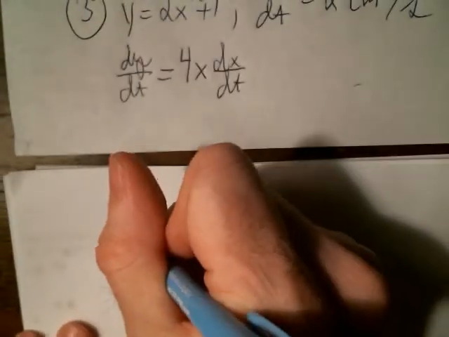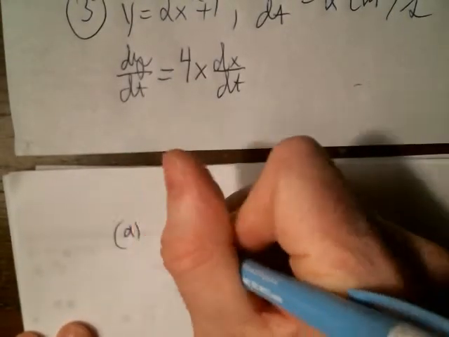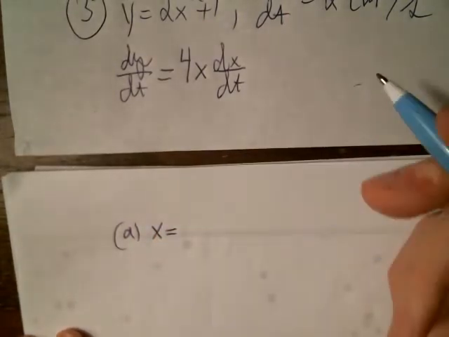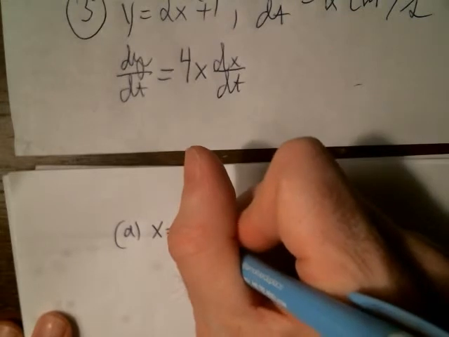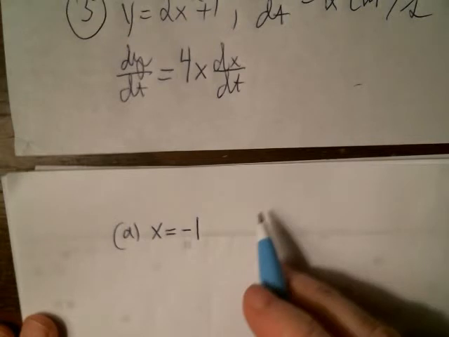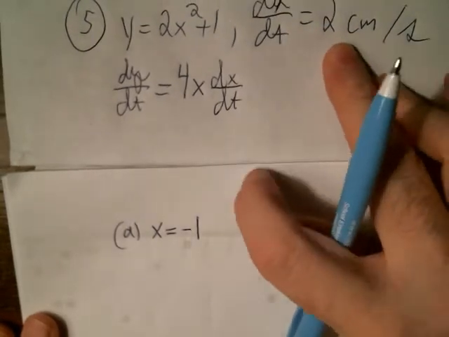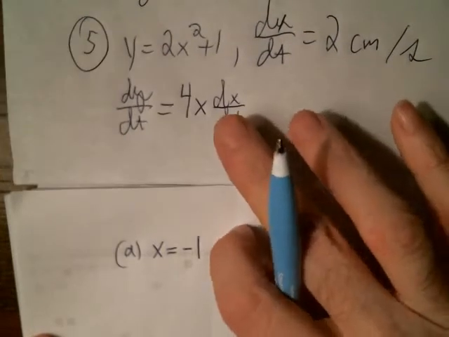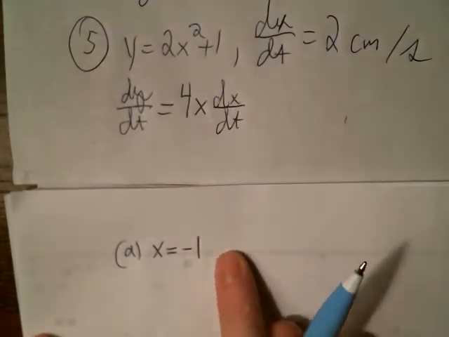Okay, so part A, we want to find the derivative of y with respect to t when x is equal to -1. Right? So what do you have? Well, you have two pieces of information, this rate of change of x with respect to t and then this x value.